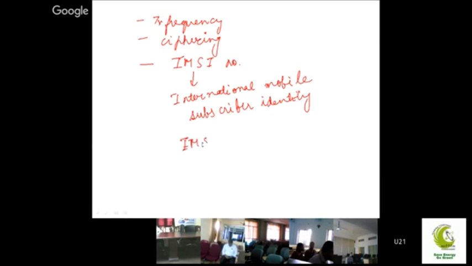This IMSI is also of 15 digits. It is made up of MCC, MNC, plus MSISDN.